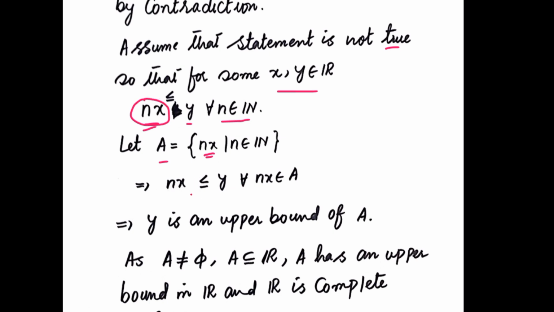As we have assumed nx is less than or equal to y, this implies nx is less than or equal to y for all nx belonging to A. This shows y is an upper bound of A.